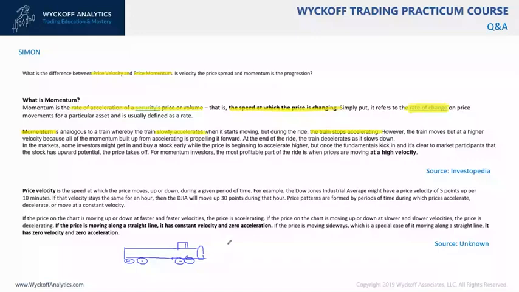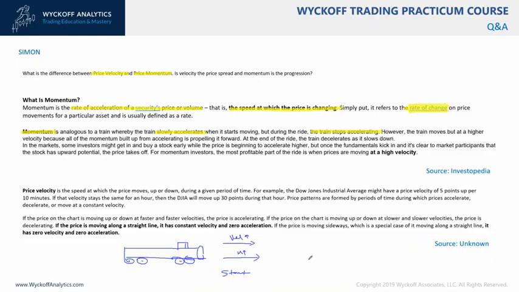At the beginning, when we start our movement, what happens with velocity and momentum? Momentum starts to increase, but gradually. Velocity also starts to increase, but gradually as well.